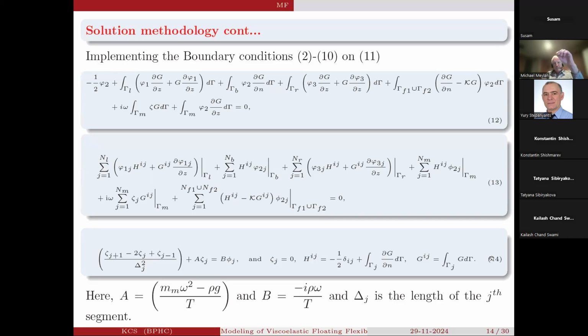So by coupling the finite difference method with the boundary element method, we can handle this dynamic boundary condition here. Also, there are some constants you can see in equation 14, where A has the form mω² minus ρg by T, and B has the form of minus iρω by T, and Δj is the length of the j-th segment on the boundary.